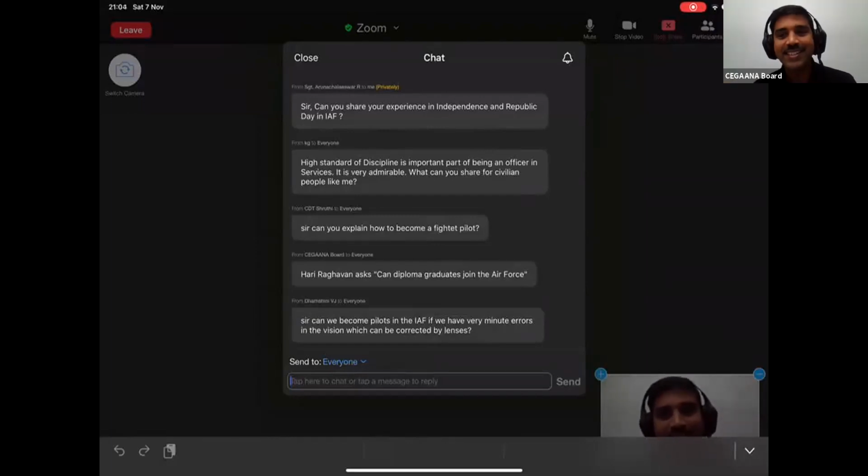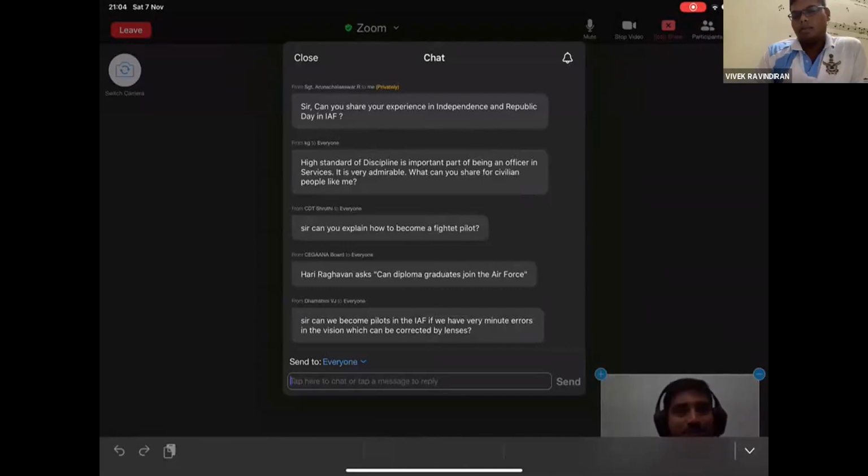And Darshini is asking if one can become a pilot even with vision corrections. Yes, I think in the initial medicals, power in the eyes is not allowed.